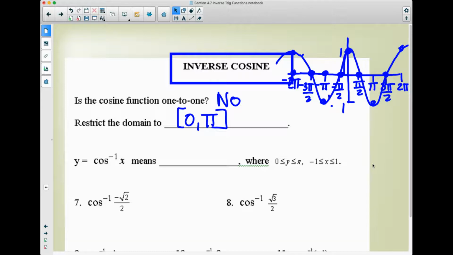Okay. So still we're going to write out our inverse, and of course you can see it as arc cosine. We're going to write out our little mini unit circles onto the side.